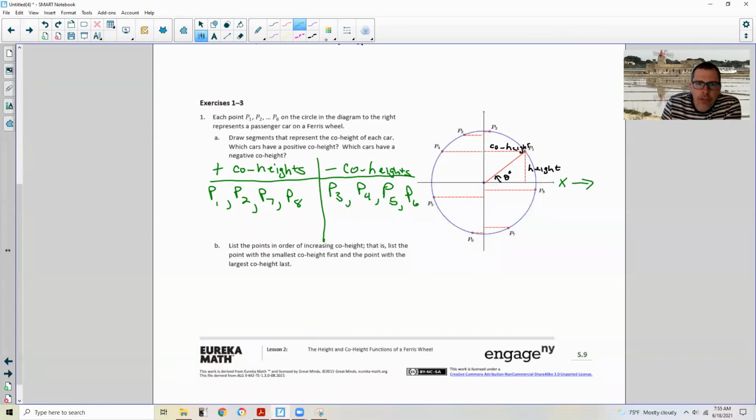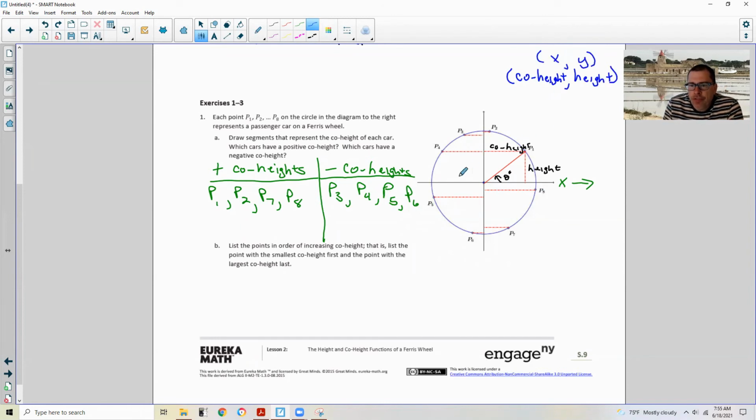Okay, so let's just pause here for a second. And if I were to graph this, going over here, x distance is our Kohheit. So the x value is the Kohheit, and the y value is the height. So think of it that way, x comma y, Kohheit comma height.